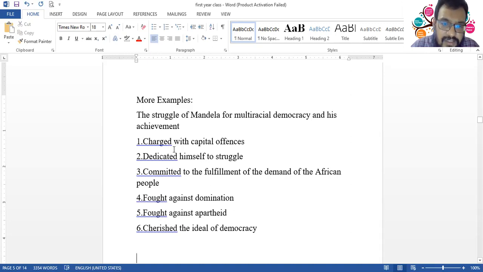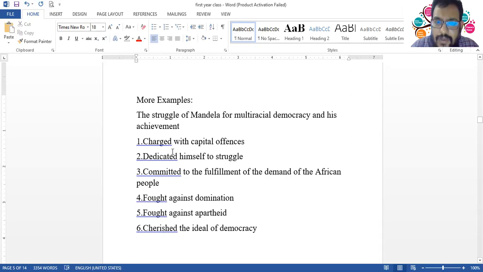Look at one thing. The first one is in the past participle form, charged. He was charged with. Past participle form, charged. He was charged with. The past participle form, dedicated. So we use the same style. It is good to look.